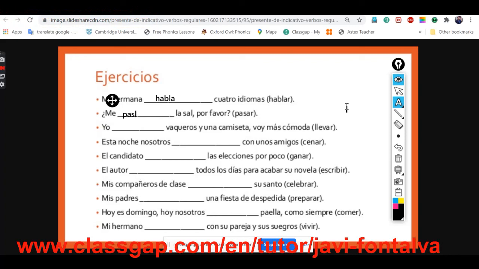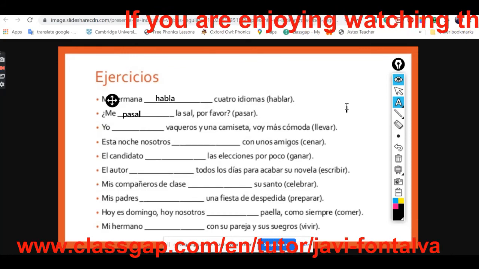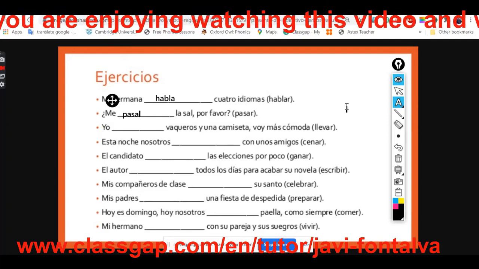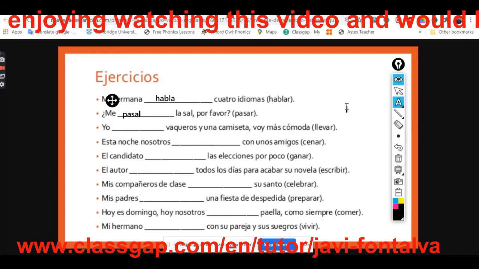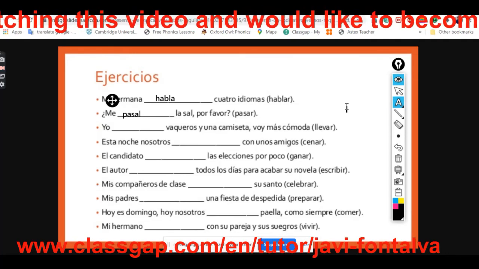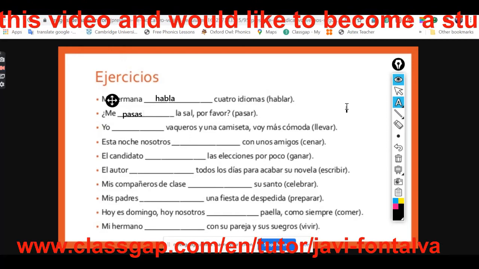So, me pasas. So you could say pasas, or if you want to be a polite guy, pasa, which is usted, okay? Remember in Spanish we have usted. Usted has the same conjugation as she or he in Spanish, okay? So you could say pasas or pasa.